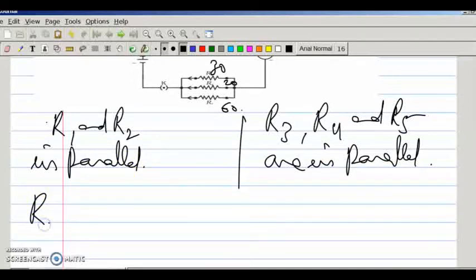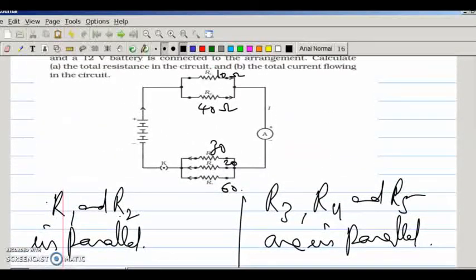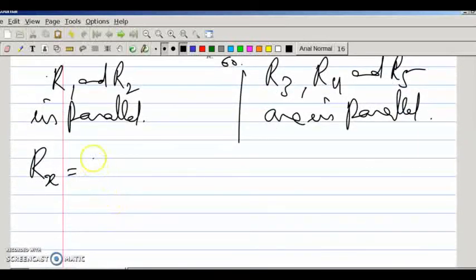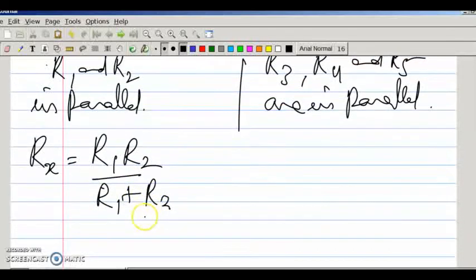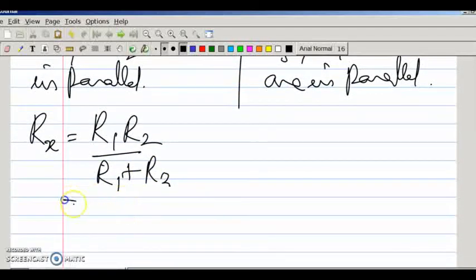Let us call that Rx, the effective resistance due to both of them. So that is 10 ohm and 40 ohm. We know well R1 R2 by R1 plus R2, the same formula of parallel, without doing that LCM and all.